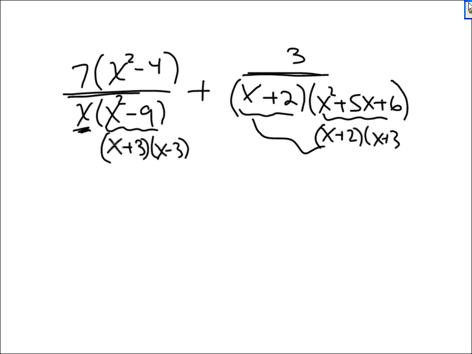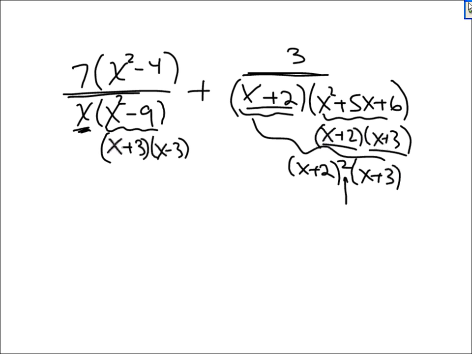But that would mean the whole denominator would be, well, x plus 2 times x plus 2 is x plus 2 squared, times x plus 3. That means we need to have two factors of x plus 2.